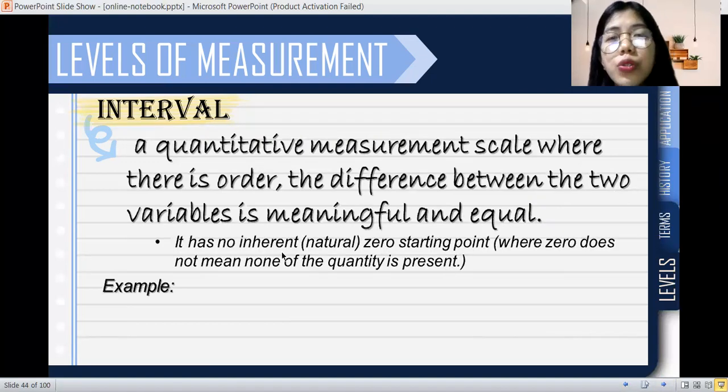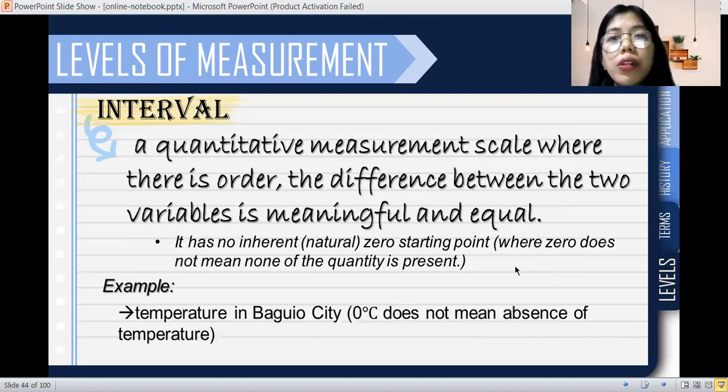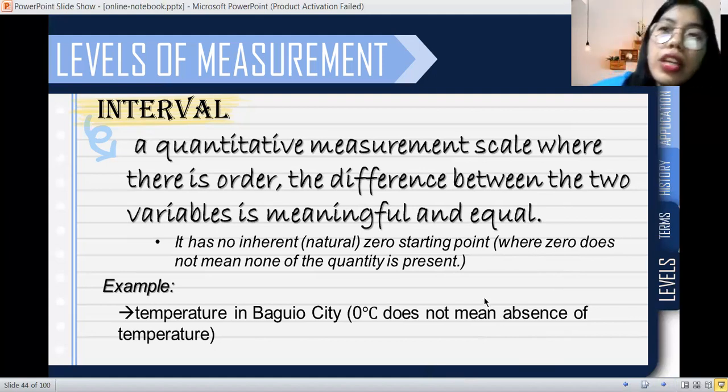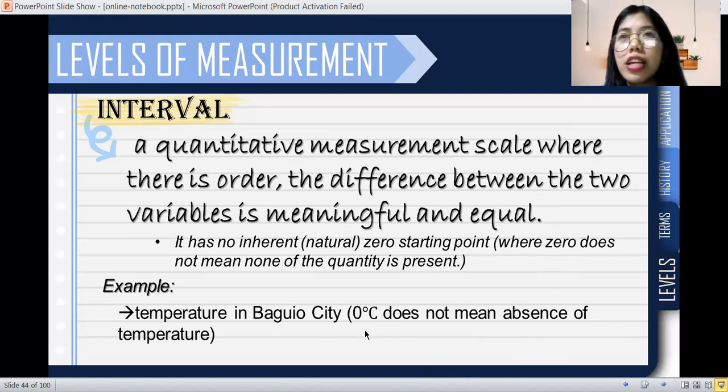Interval has no inherent natural zero starting point, where zero does not mean none of the quantity is present. For example, the temperature in Baguio City. So, 0 degrees Celsius does not mean the absence of temperature. We cannot call it that, because 0 degrees Celsius does not mean there is no temperature. Rather, when we say 0 degrees Celsius, it is already extremely cold. That is how it is with our interval.